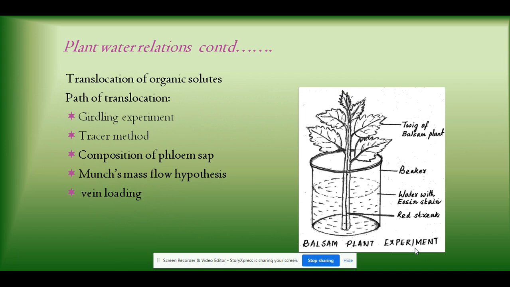And we will also be discussing the translocation of organic solute and the path of translocation through certain important experiments in physiology, like the girdling experiment, the tracer method, the Munch mass flow hypothesis, phloem loading, etc.